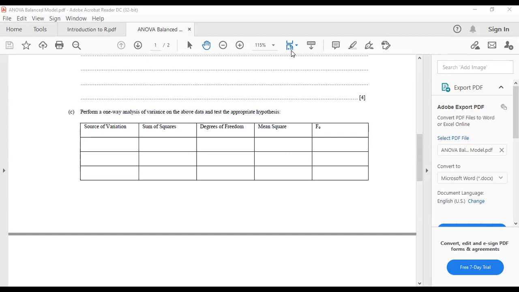We want to calculate SS treatment. How do you calculate SS treatment? Rutendo: SS treatment is the summation from i equals 1 to n_i of y_i dot squared over n, minus the grand total N, capital N, multiplied by the grand mean y bar dot squared.